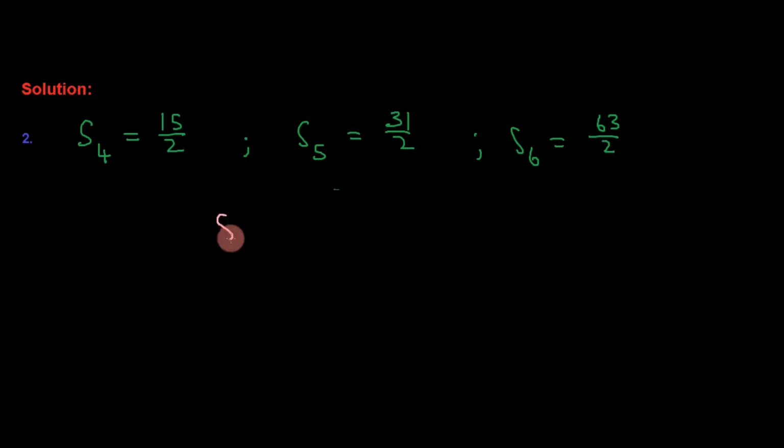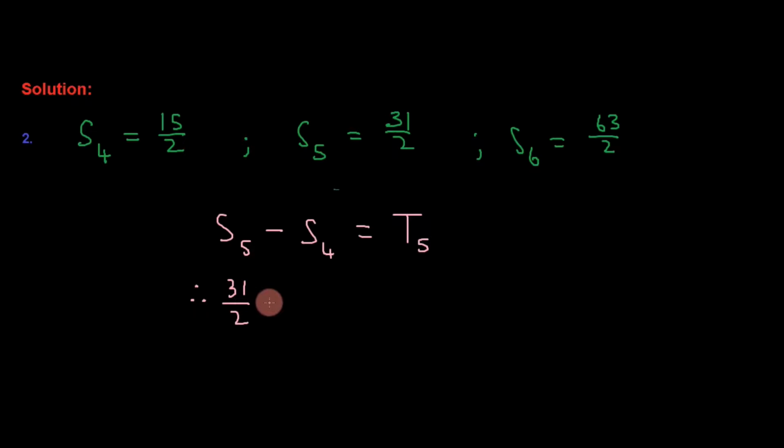Now, S sub 5 less S sub 4 will give us the value of the fifth term. So the sum to 5 terms less the sum to 4 terms gives us the fifth term.